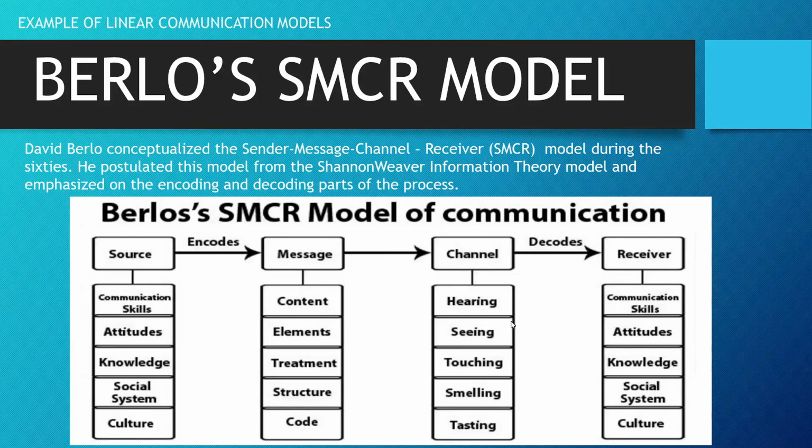And of course, here in the SMCR model, we have the channel. Channel simply means the five senses. We can use our sense of hearing as a channel. So we have hearing, seeing, touching, of course. And it also includes smelling. For example, if we smell something burning, it means that we are in danger or the fire is nearby.